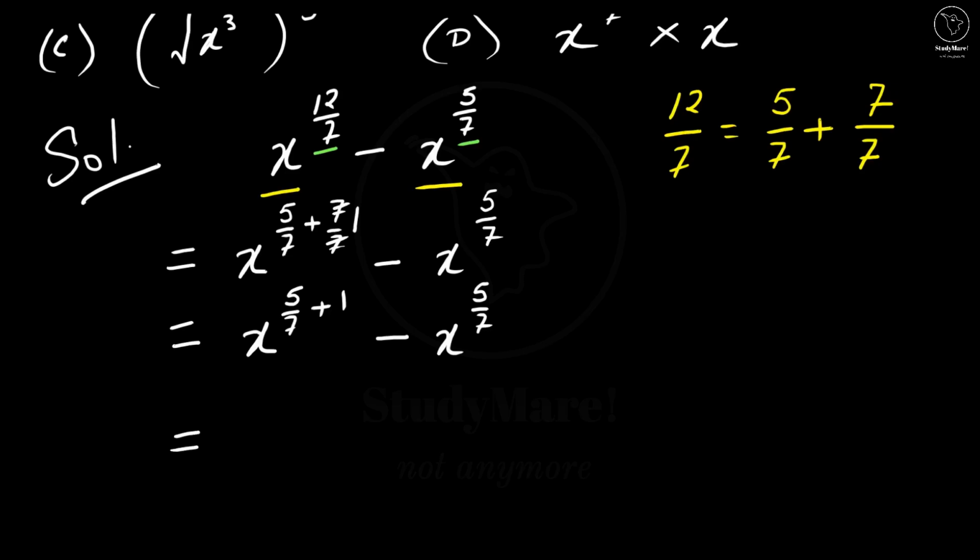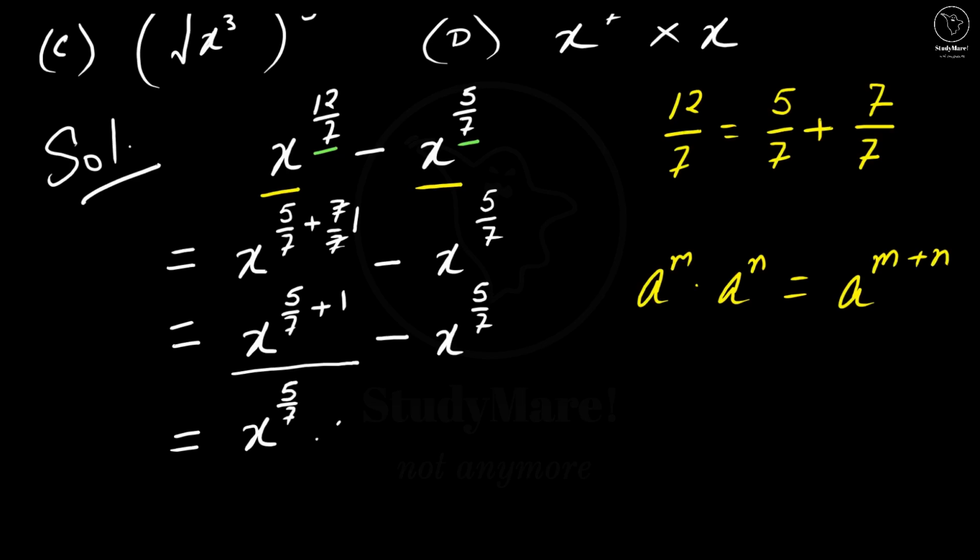You see, we have a property which says a to the power m into a to the power n is equal to a to the power m plus n. So we can apply this property here in x to the power 5 by 7 plus 1, thus getting it as x to the power 5 by 7 into x to the power 1, or simply x, minus x to the power 5 by 7.